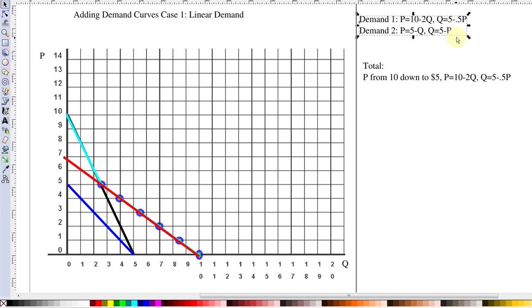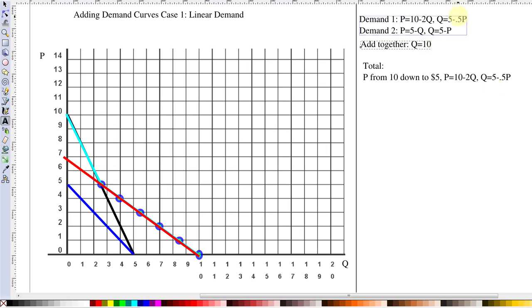So the total, when we add those two together, we're going to get that Q equals, and we're not adding the Q's together, we're adding what is on the right side. So 5 and 5 is 10.